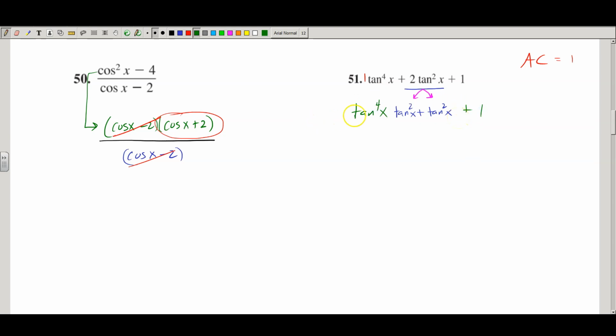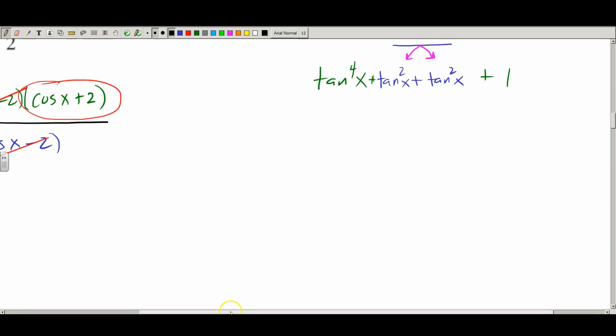We really can just do the same thing that you do in factoring by grouping. We're going to take this and group it, take this one and group it, and look at what's in common. So take out the GCF from this, which would be a tan squared x, with a remaining tan squared x plus 1.